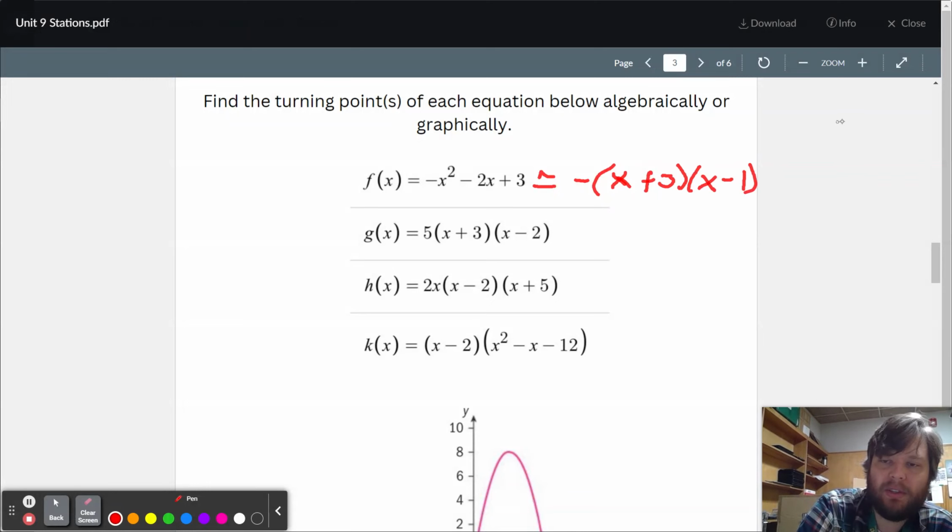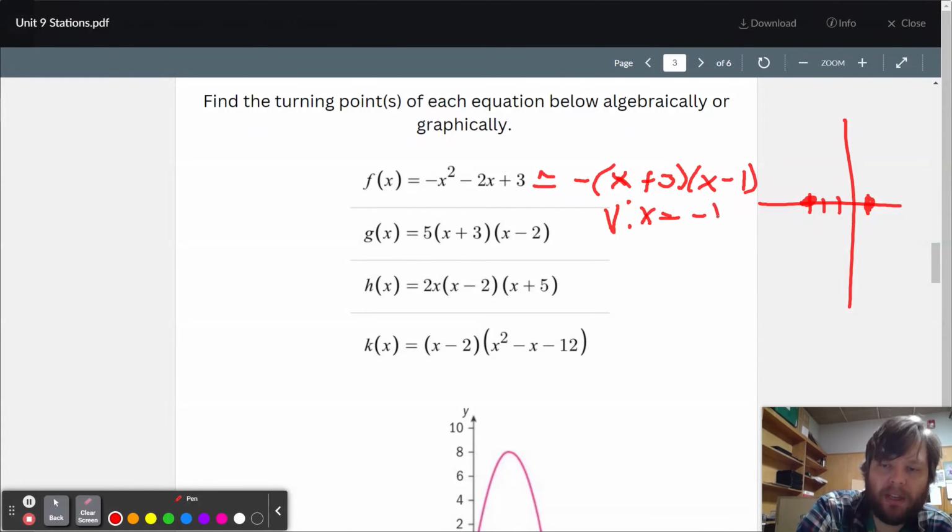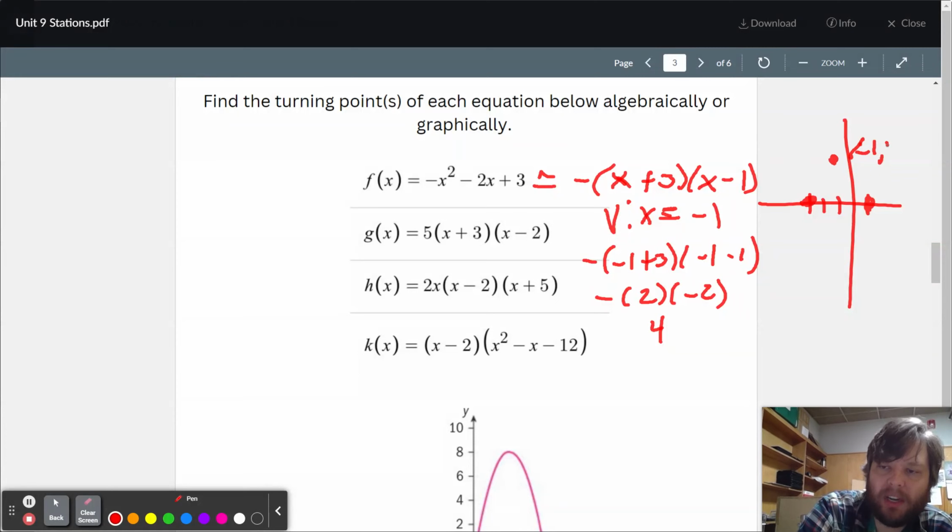So if you have those two x-intercepts at positive 1 and at negative 3, you know that your vertex has an x value of negative 1, because that's halfway in between. And if you plug in negative 1, you'll see negative 2 times negative 2, which is 4. So the vertex right there is at negative 1 comma 4. That is your turning point.